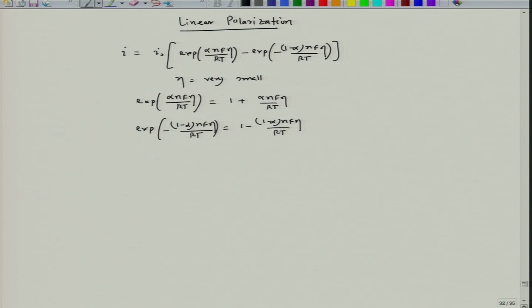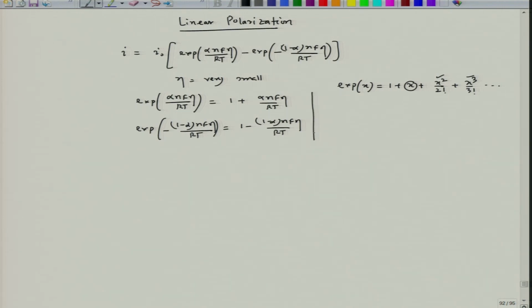This is basically the series expansion. We know that exponential x can be written as 1 plus x plus x squared by 2 factorial plus x cubed by 3 factorial, and so on. If x is very small, we can ignore the higher order terms.